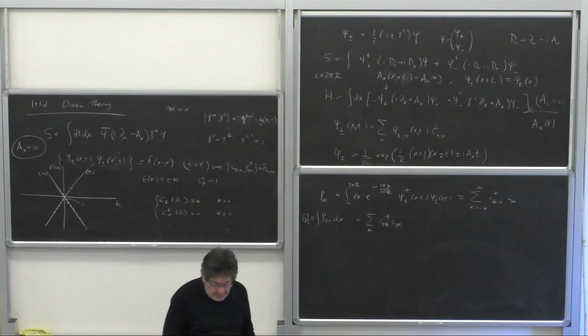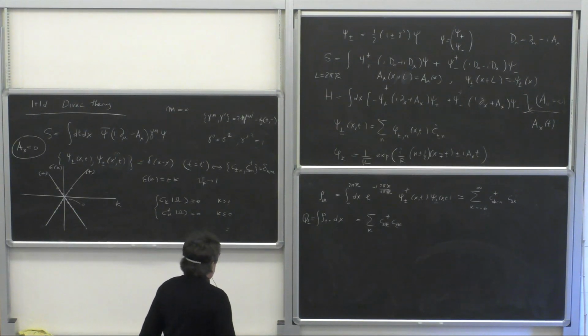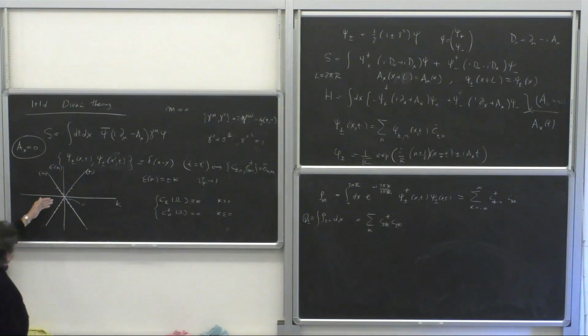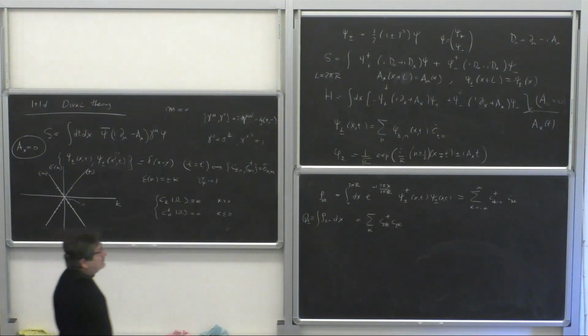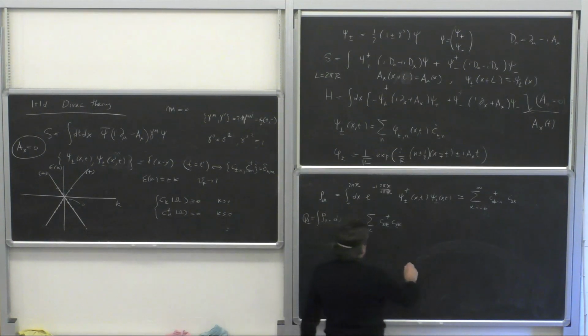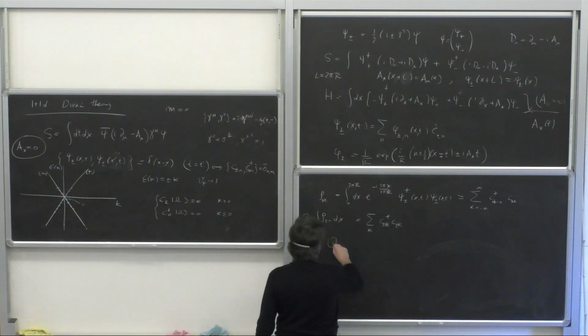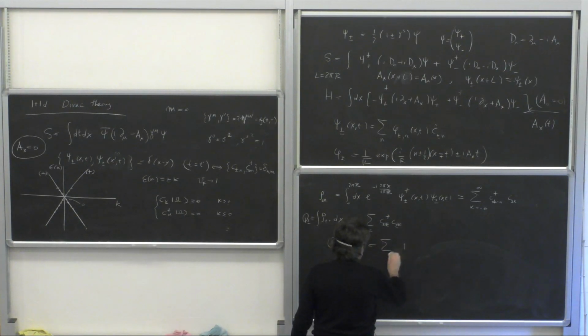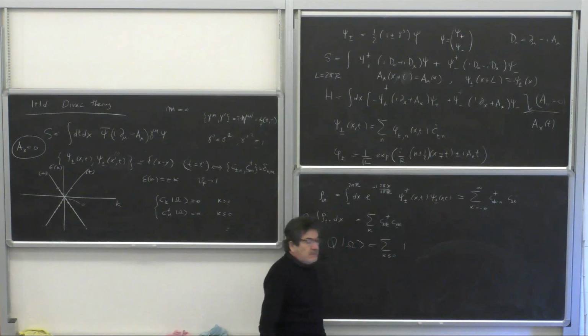Well, now we have a problem because this charge is infinite, because when you apply it to the vacuum, you get that this is the charge defined like this, applied to the vacuum, which is an infinite sum over k greater or equal to 0.